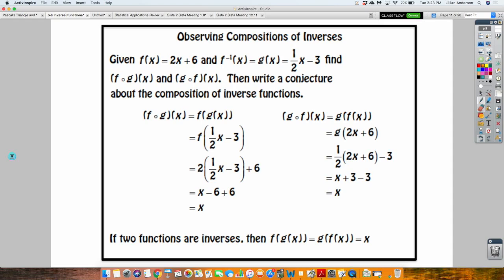If you're able to find the composite of f of g of x and g of f of x, and they both equal x, I'll say that again. If you do the composite f of g of x and the other way, g of f of x, and they both equal x, then the two functions are inverses.